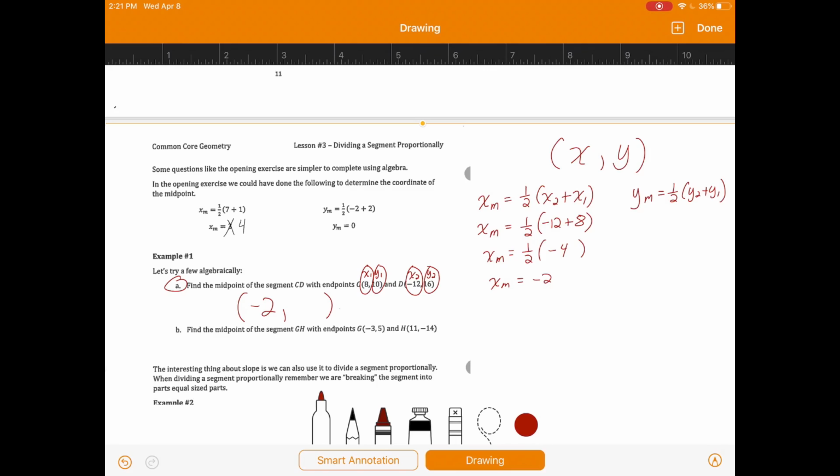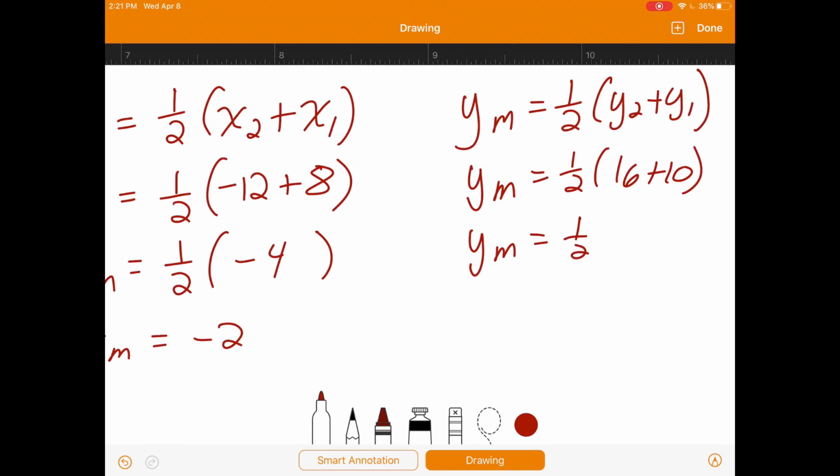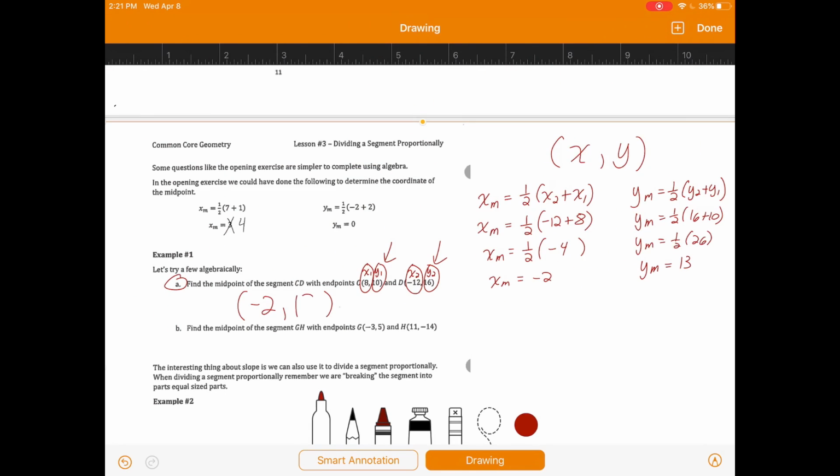And we're going to do the same thing for the y value, except now we're going to be using 10 and 16. So after you plug in, it just becomes an algebra problem.